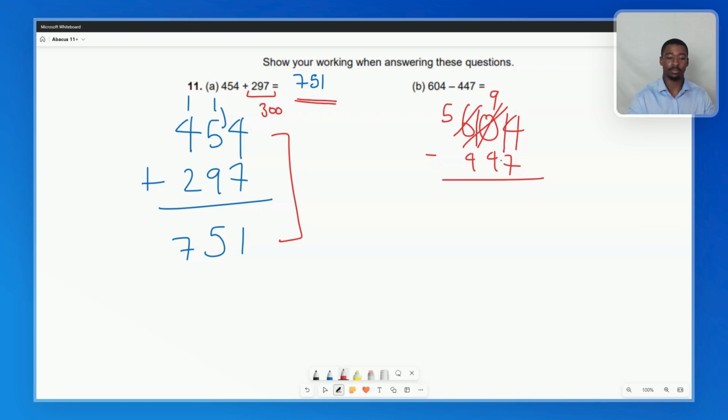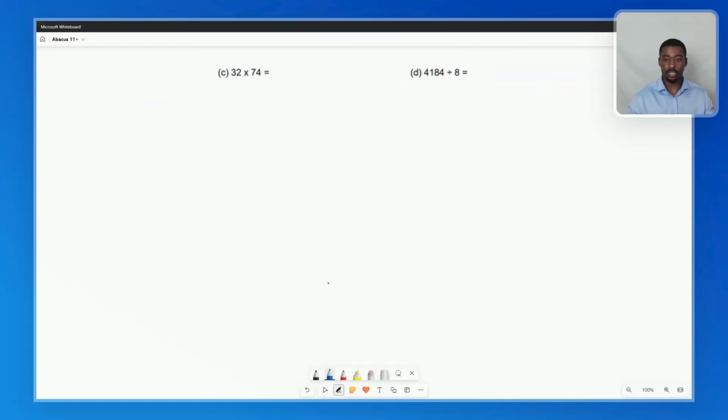And this becomes 14. So now we have 14 minus 7, which we can do because 14 is bigger than 7. And this gives us 7. Then we have 9 minus 4, which is 5. Then we have 5 minus 4, which is 1. So 157.